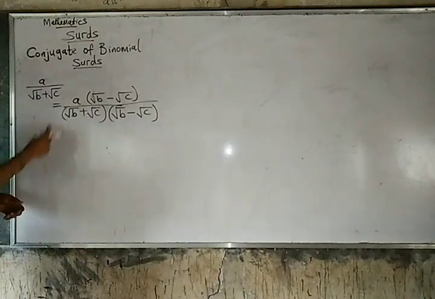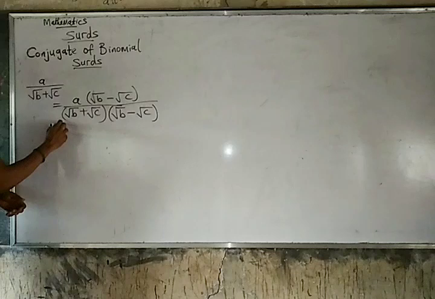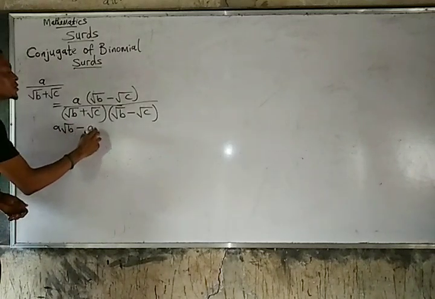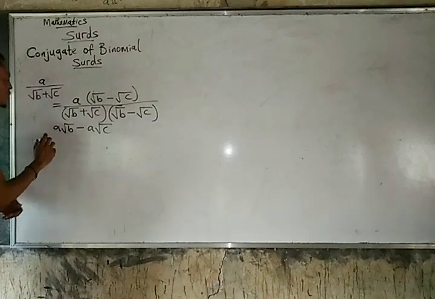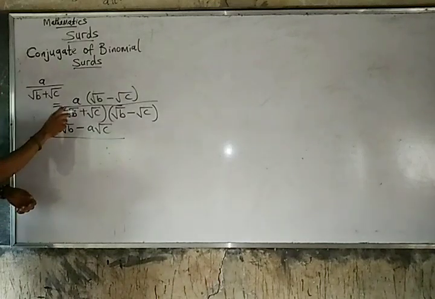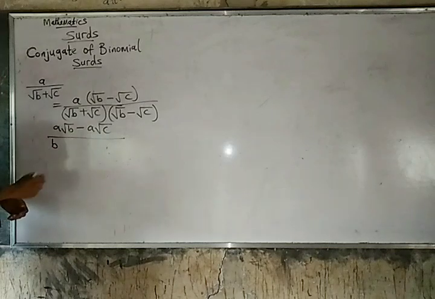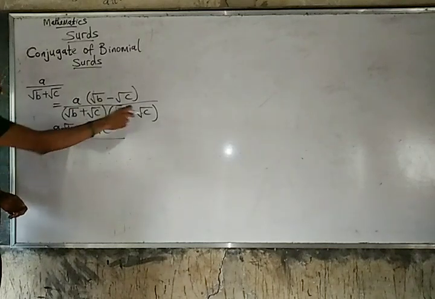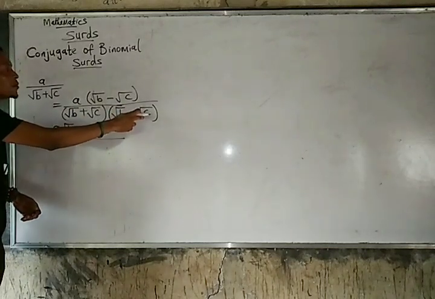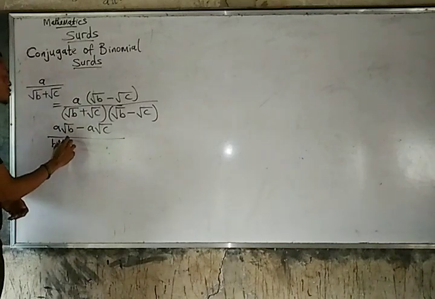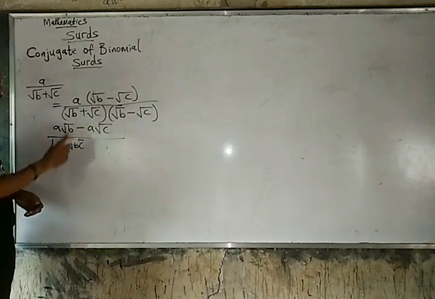So what do we have next? A multiplied by root b will give us a root b minus a root c. Everything all over root b multiplied by root b, we are going to have b. Root b multiplied by minus root c, we are definitely going to end up with minus root bc.